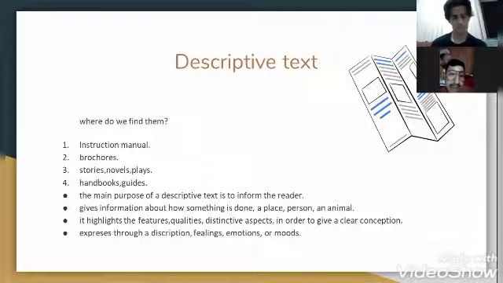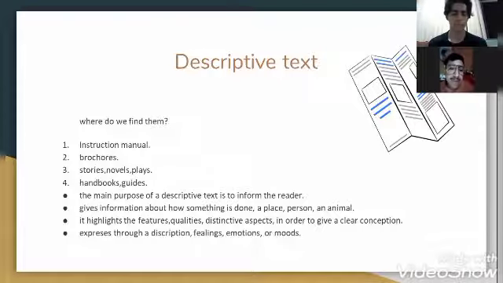What is the main purpose of a descriptive text? It is to inform the reader, to give information about something that you want someone to know. It also gives information about something, how something is done, instructions, a place, a person, or an animal.